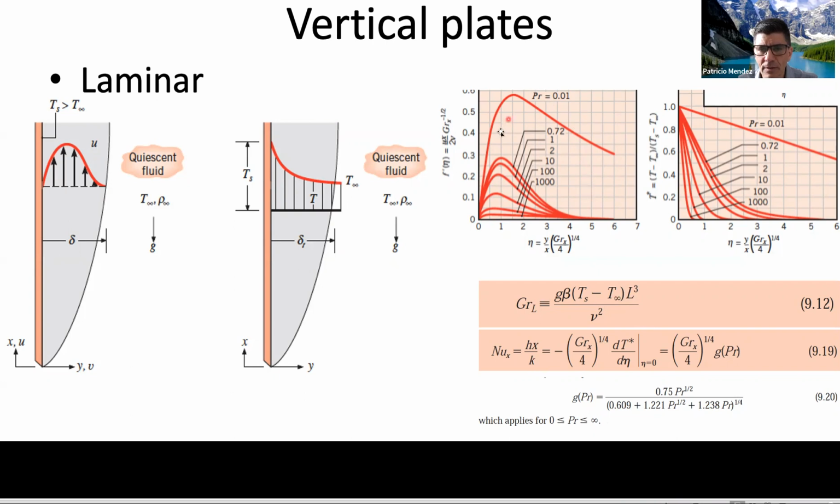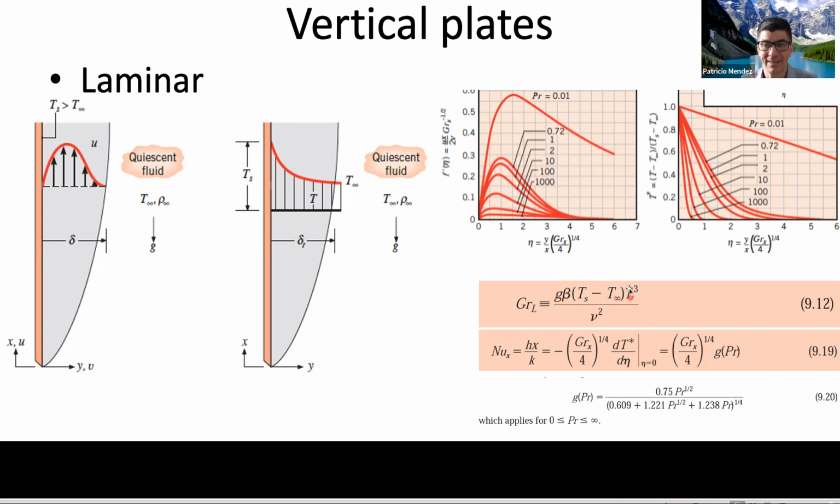So to read these graphs here, we need to know the Grashof number that is based on the gravity, which we know. It depends on the thermal expansion, which we know based on the fluid. The surface temperature of the plate, we're assuming in this case, is a laminar plate of a known surface temperature, and of the fluid, and nu is the kinematic viscosity of the fluid.